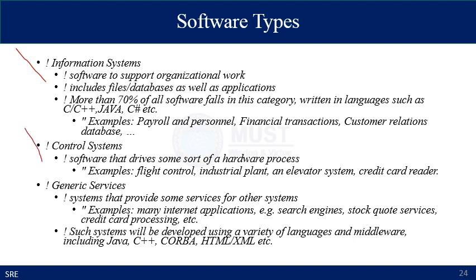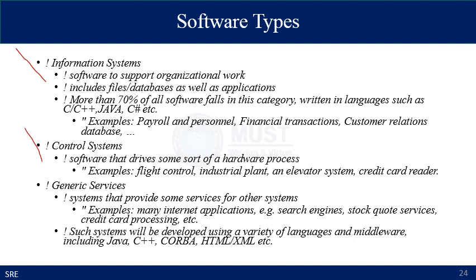Software can also be used to control systems, and it drives some sort of hardware processes. For example, software used in flight controls, industrial plants, or elevator systems are some examples of control systems. There can be some generic services systems that provide services for other systems.